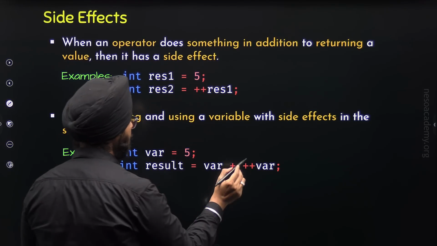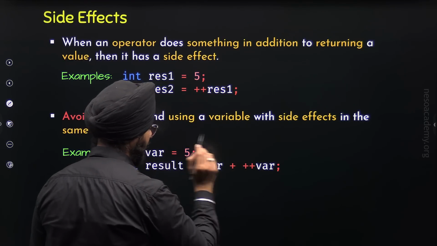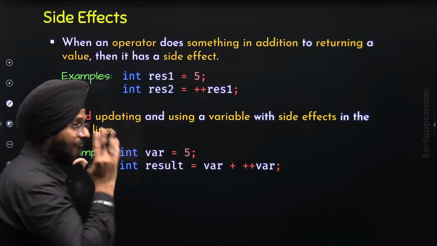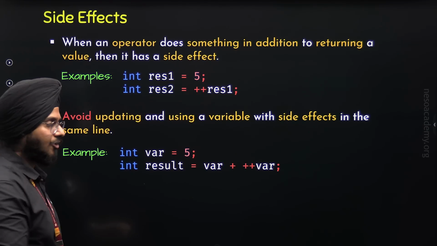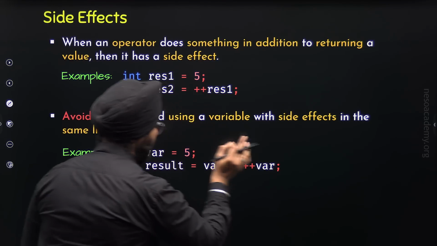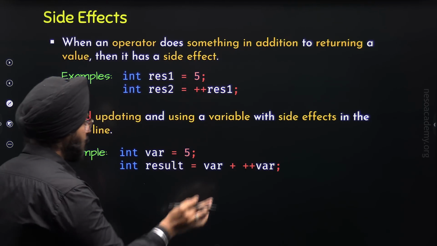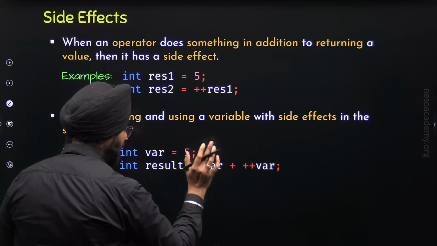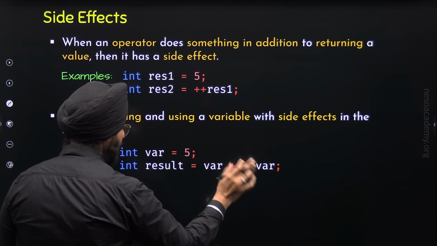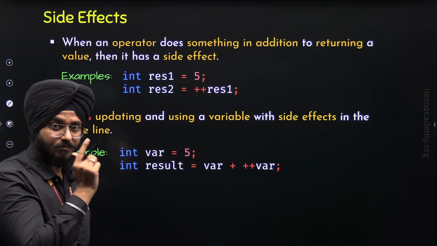Here, with the help of this pre-increment operator, I'm trying to update the value of var. We know that pre-increment operator has a side effect. It not only updates the value of this variable, it also returns that value as the result. Now, if you observe this expression properly, clearly I'm updating this variable with side effect and I'm using this variable in the same line. This will cause problems.